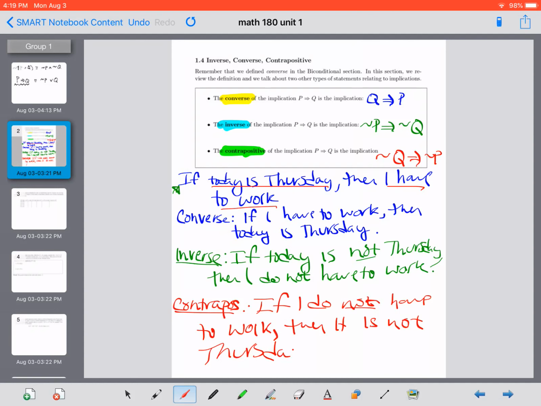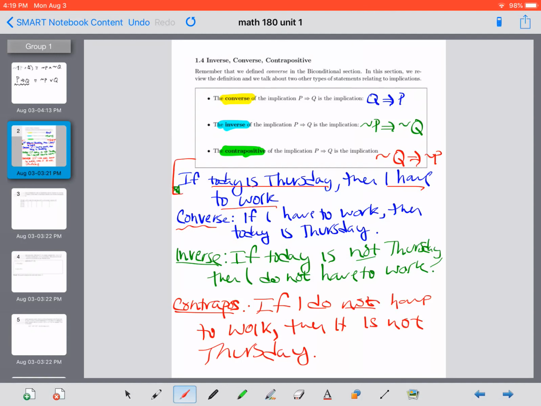Right, so hopefully we have an idea now of what these three words mean in relation to a conditional statement. Now we've already explained back in the biconditional section exactly why the converse of a statement is not logically equivalent to the original statement itself. Not necessarily anyway. For example, if this first one is a true implication, if today is Thursday, then I have to work, all that really means is that you definitely have to go to work on Thursday.